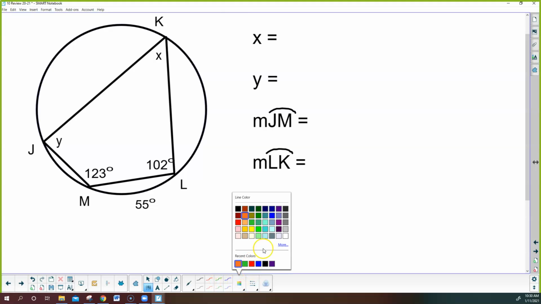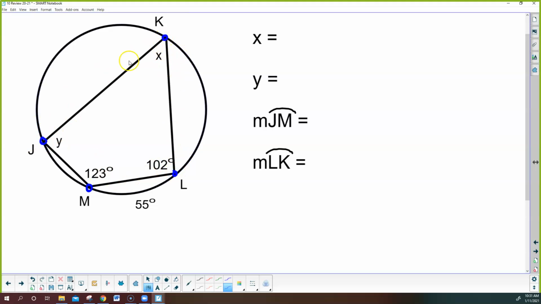So here's what we got. When I see a problem like this, the first thing that I notice is that I've got 4 inscribed angles, but if we connect those, that creates a quadrilateral. Anytime a quadrilateral is inscribed within a circle, the opposite angles have to be supplementary. So to find x, I know that x plus 123 is equal to 180.